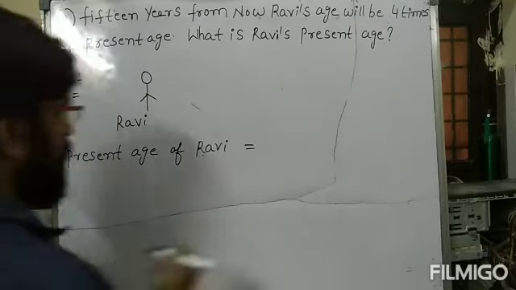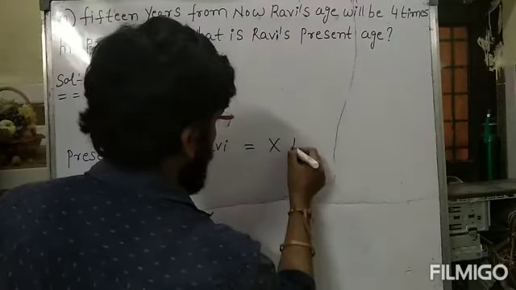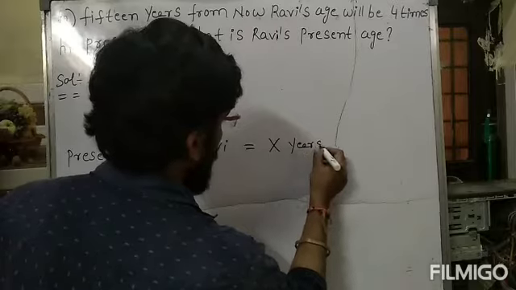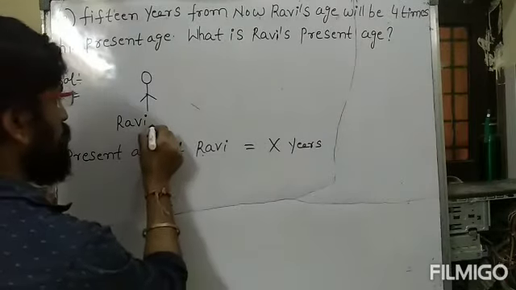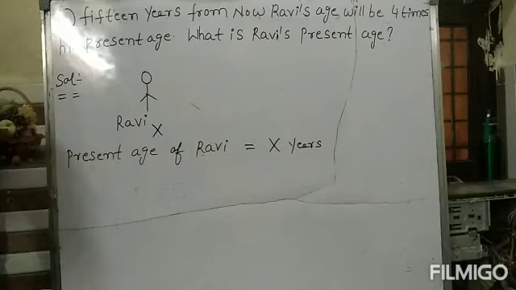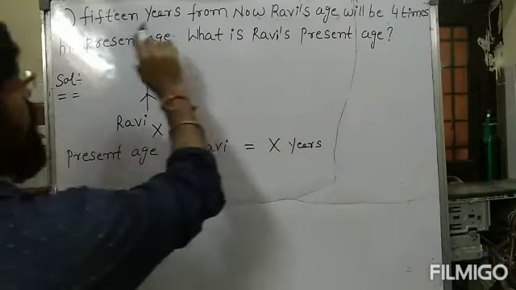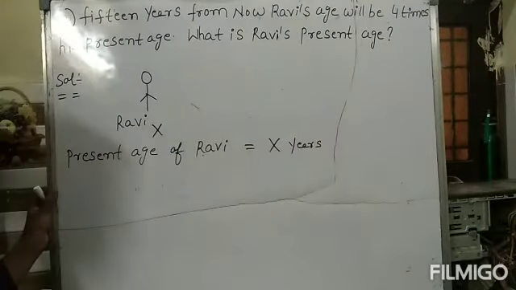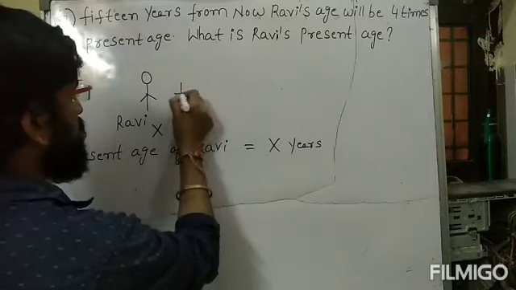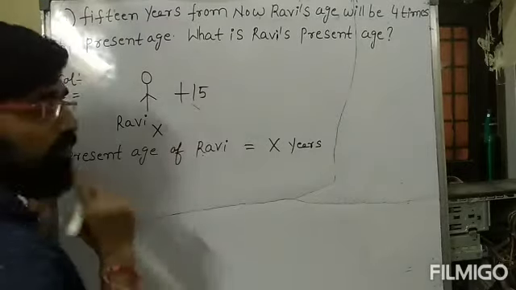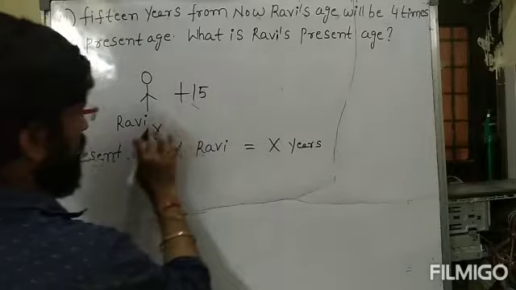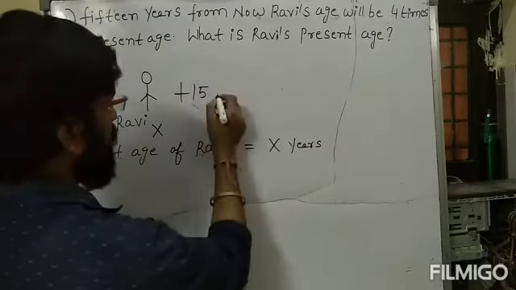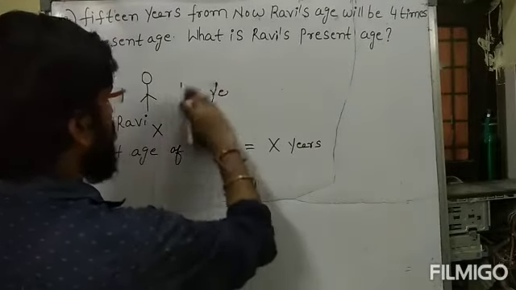We don't know Ravi's present age, so he is X. Now plus 15 years from now. Now he is X years, and after 15 years, like this.